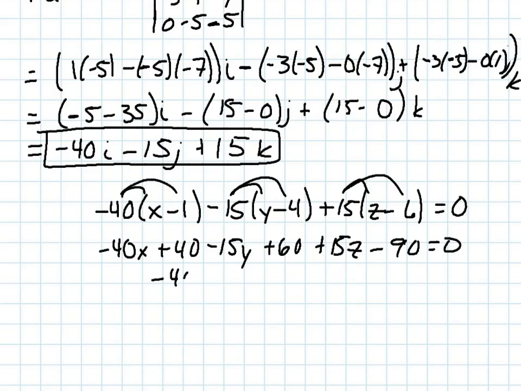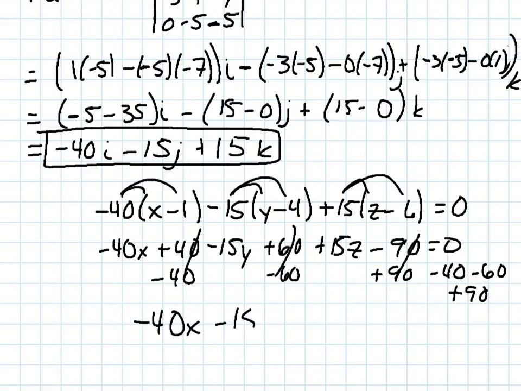So here if I subtract 40, subtract 60, and add 90, and simplify my equation, I get negative 40x minus 15y plus 15z is going to be equal to negative 10.